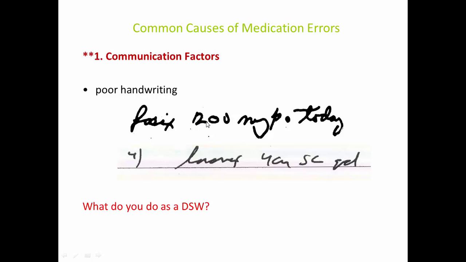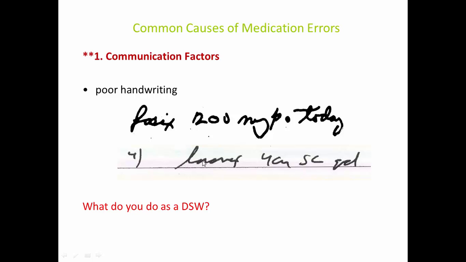So what this order should say is Lasix 200 milligrams by mouth today. However, because it looks almost like there's a 1 and a 2 together, the medication error that was made was that the person received 1,200 milligrams by mouth today instead of 200 milligrams.